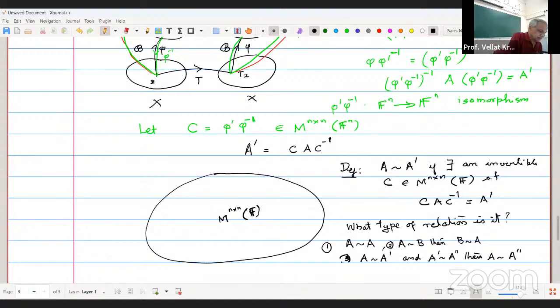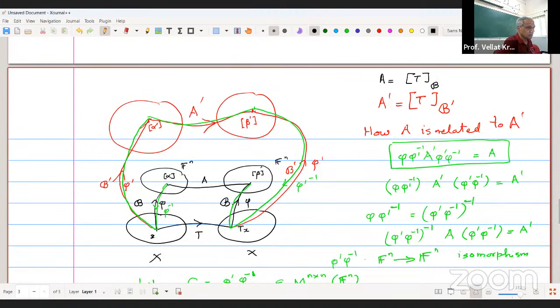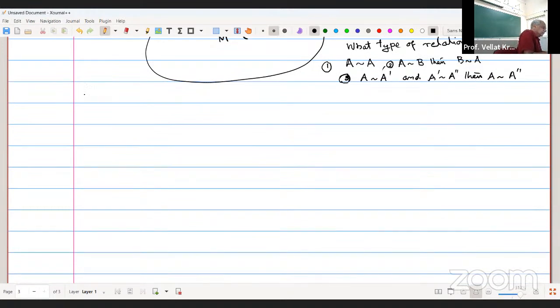Therefore, it's an equivalence relation on the set of n by n matrices.